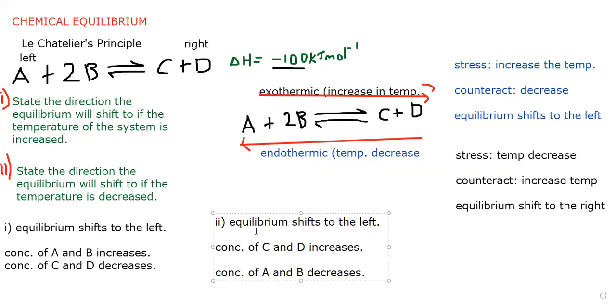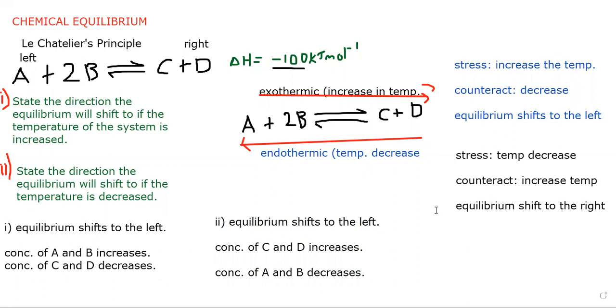So all I need to do is look at where the equilibrium shifts. Wherever it shifts to, the substances on that side will increase. Wherever it is shifting from, the substances on that side will decrease. And so that is it for temperature.